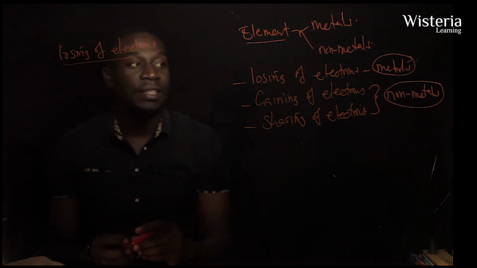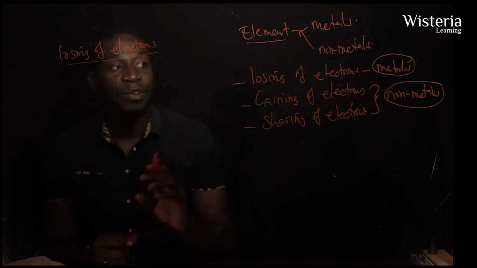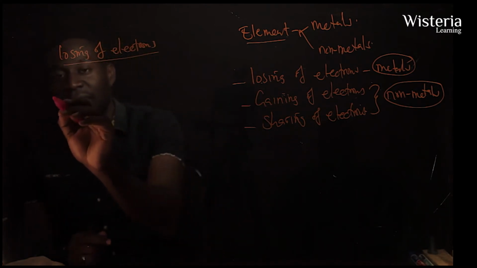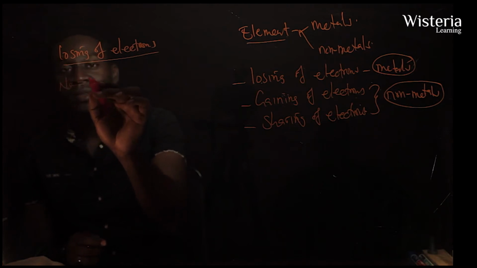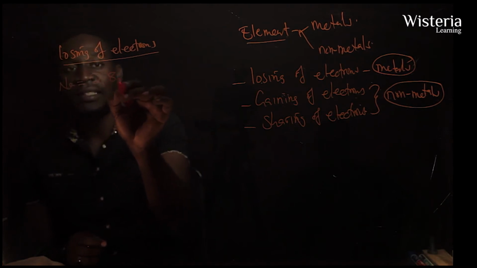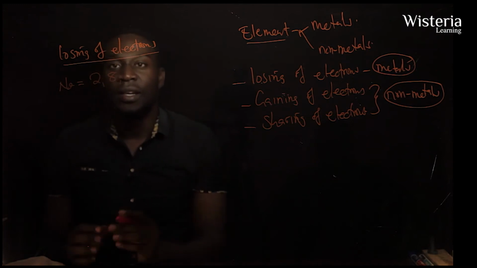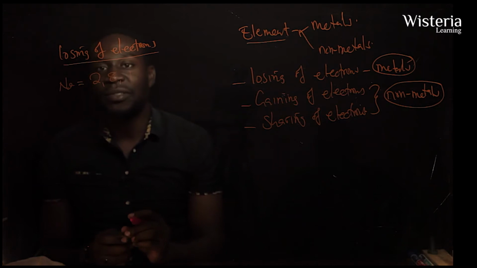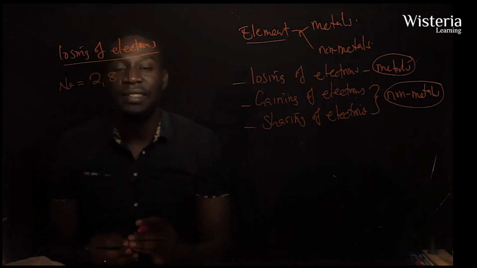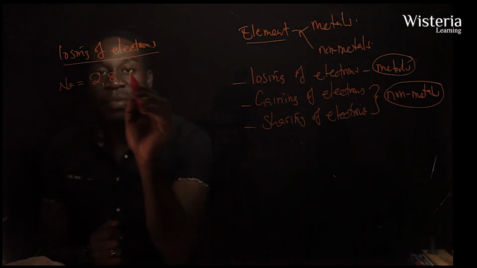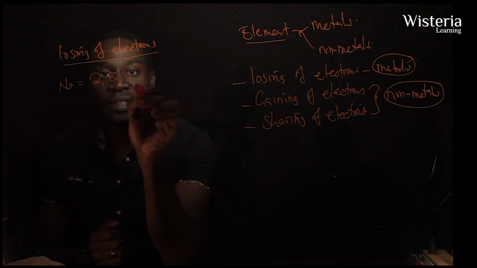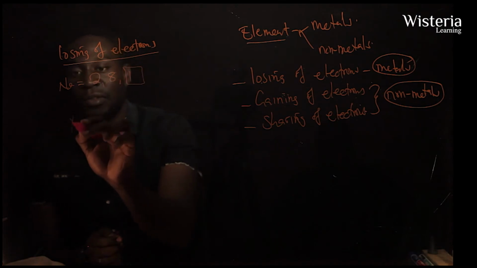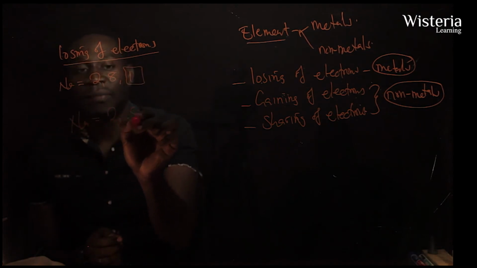So we already know that the ones that are going to lose electrons are atoms of metals. A good example is sodium. Sodium has the electron configuration of 2,8,1. The electrons that are lost are valence electrons, the electrons found in the last shell. In this case, sodium has only one electron in the last shell, so sodium will lose this electron and become 2,8.